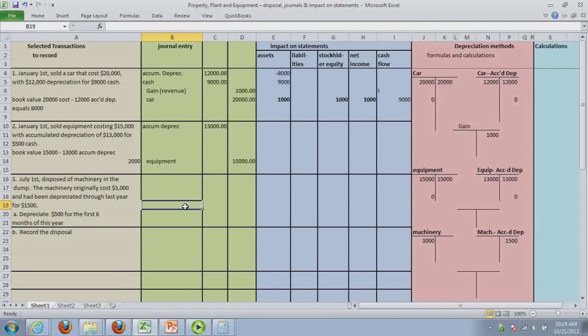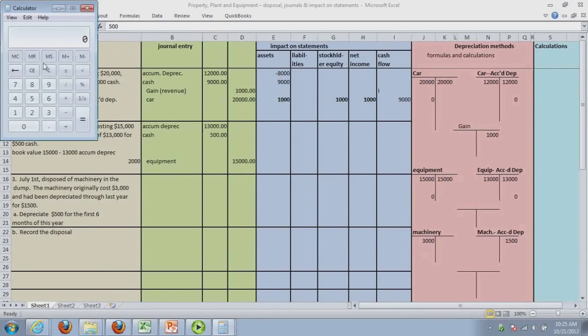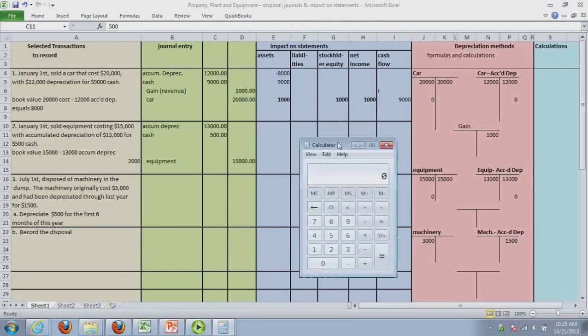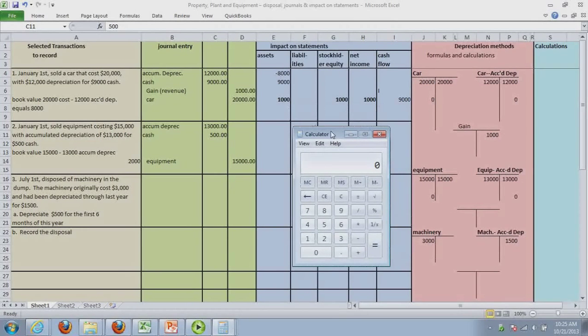Okay, and then we're sort of on our own over here. We received $500 cash. So our assets are going up by $500. Okay, and we don't balance, of course, which could be an error on my part, but I think in this case it's also having to do with what you give up is not equal to what you're receiving. So if you look at the debit side this time, we have $13,500.